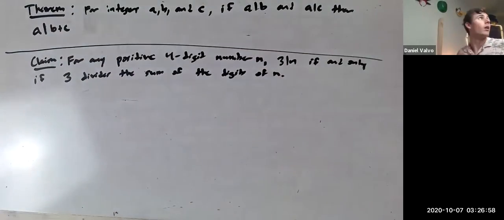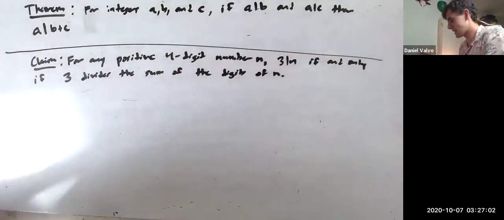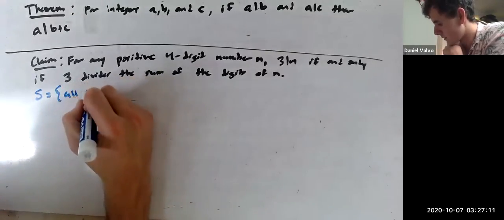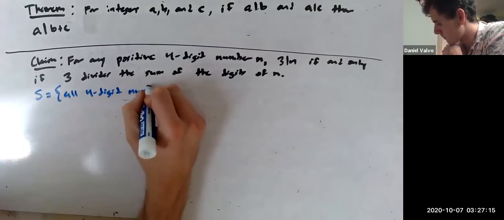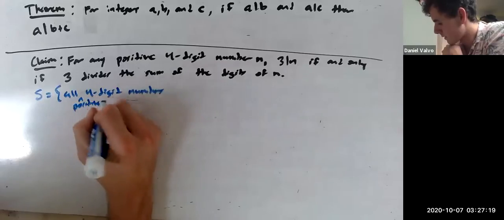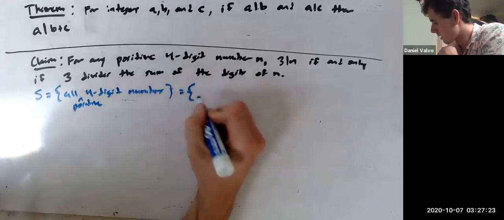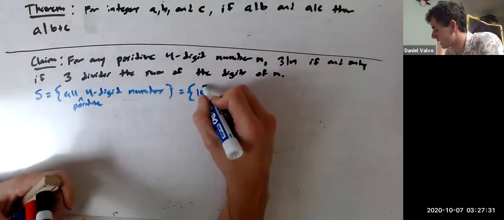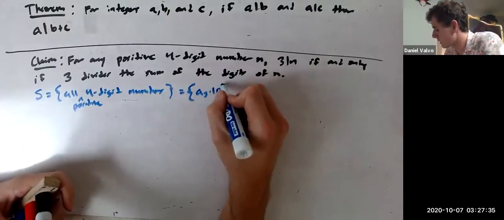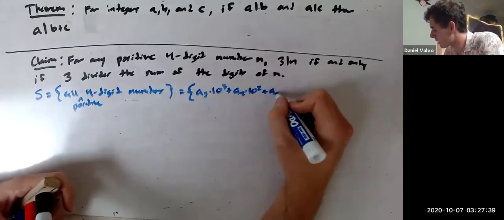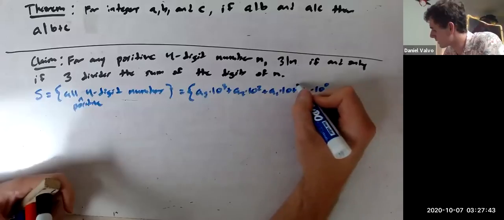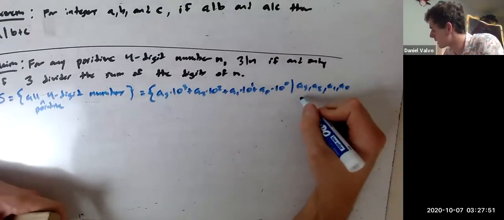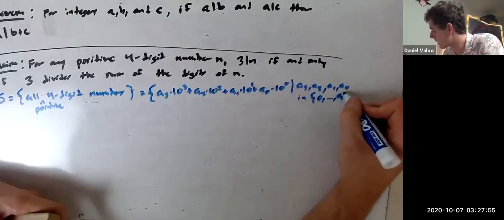And then to do this, we defined a set S to equal the set of positive 4-digit numbers, which we can more formally write as: a 4-digit number is any number that equals A3 times 10 cubed plus A2 times 10 squared plus A1 times 10 plus A0 times 10 to the 0, such that A3, A2, A1, and A0 are all in the set 0 to 9.